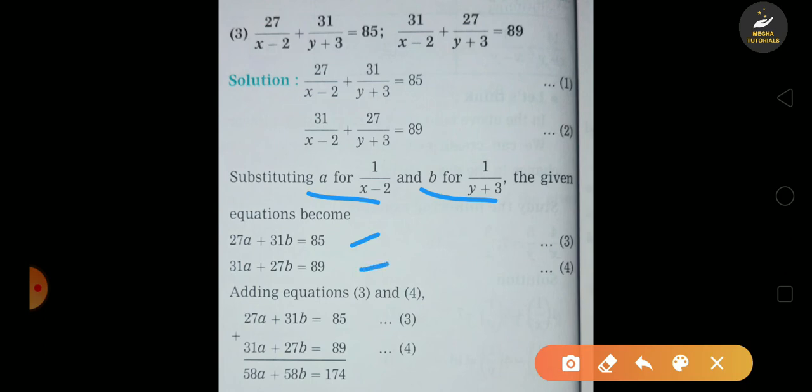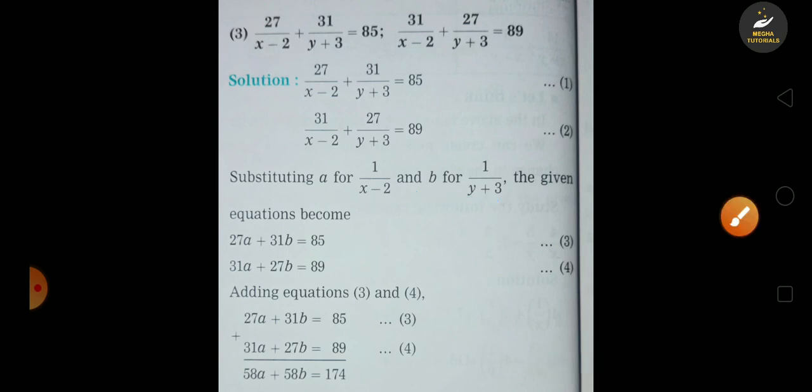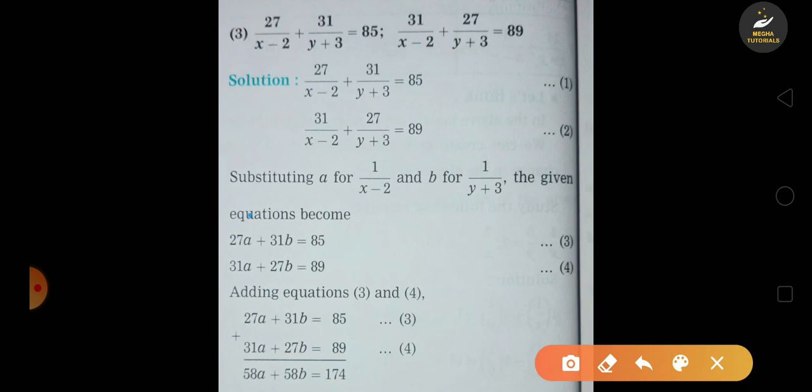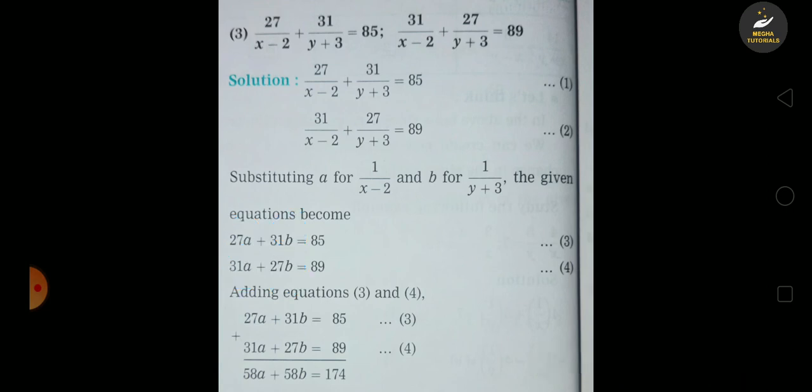We will solve these equations using elimination method. So first, now in this case 27a, 27b and 31b, 31a. So in this case we will first add and then subtract, so that we will get the new equations and we will solve ahead. Okay, so first adding equation 3 and 4. So after adding we will get 58a plus 58b is equal to 174.